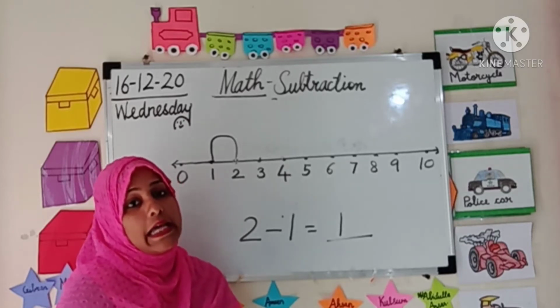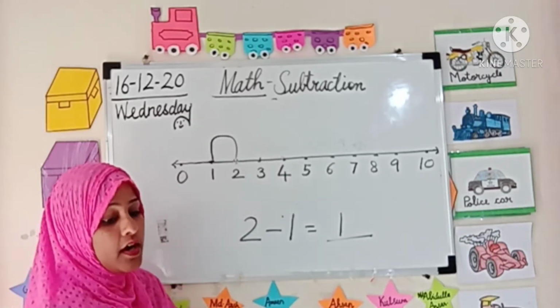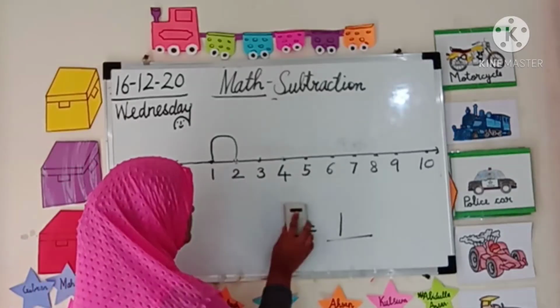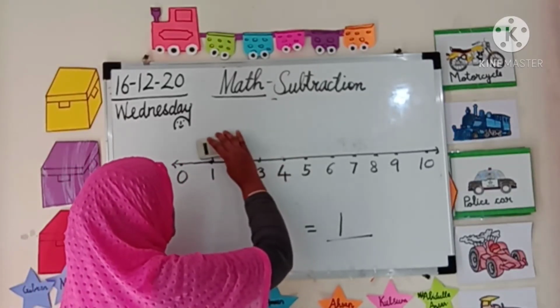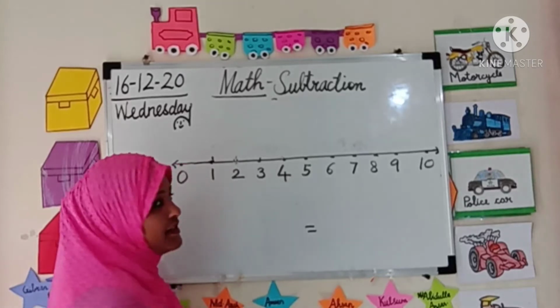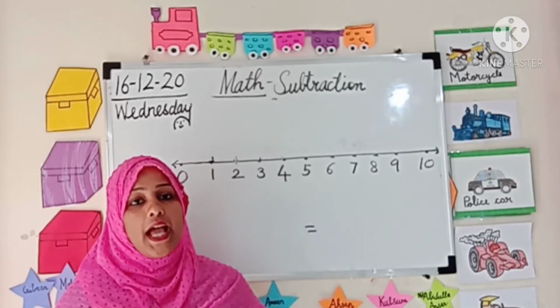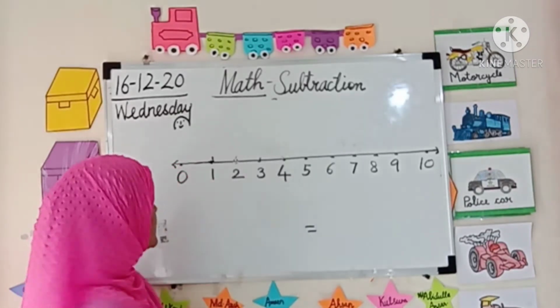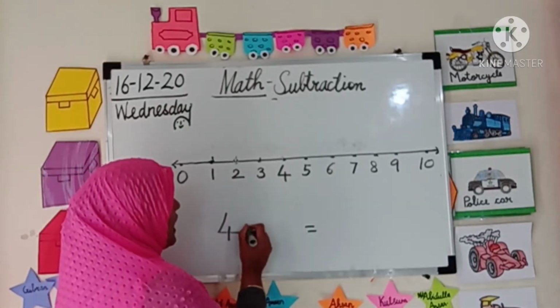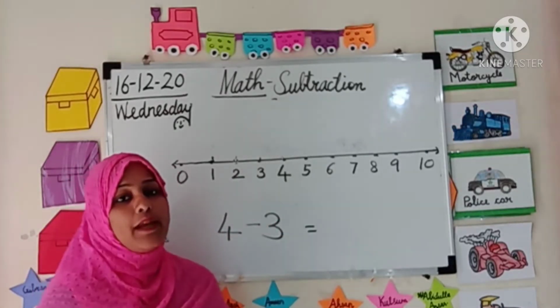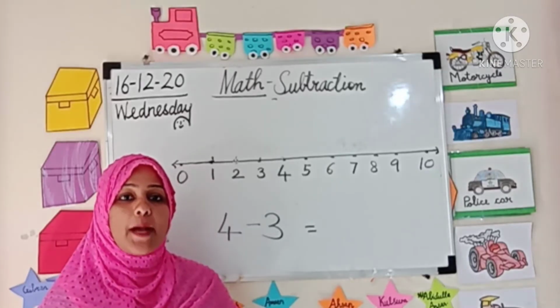Now let's take another example. I'll write one more sum over here. Let's practice it. Our next sum is 4 minus 3. Now can you tell me where Sarah is going to stand? Which number?